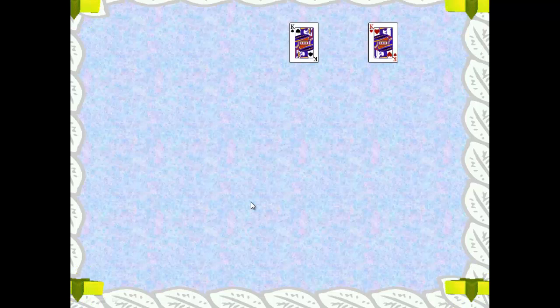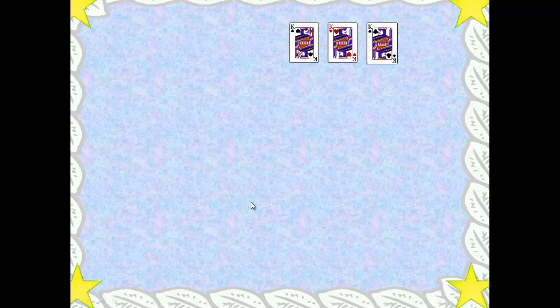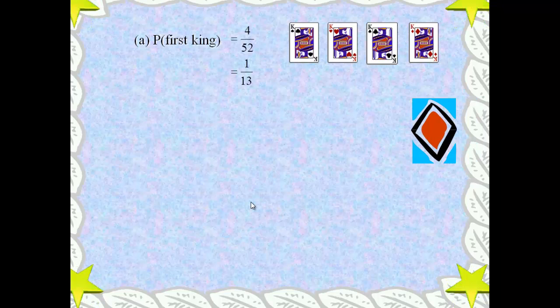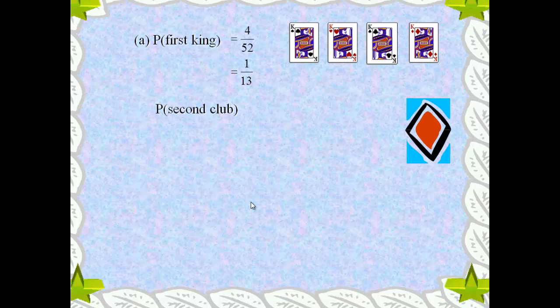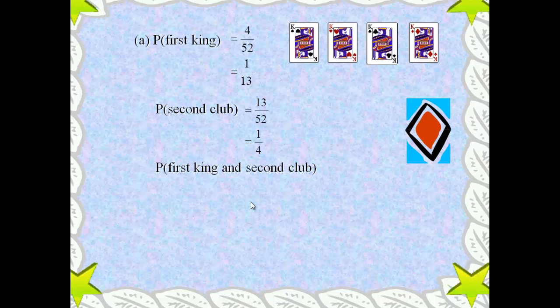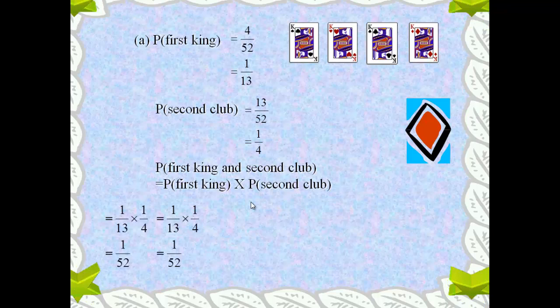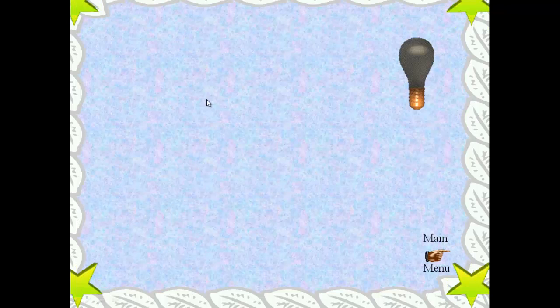So the first bit, first a king, well that's 4 out of 52, which is 1 out of 13. A club, well, that's a quarter. So first a king and second a club, we simply multiply together and we get 1 out of 52.